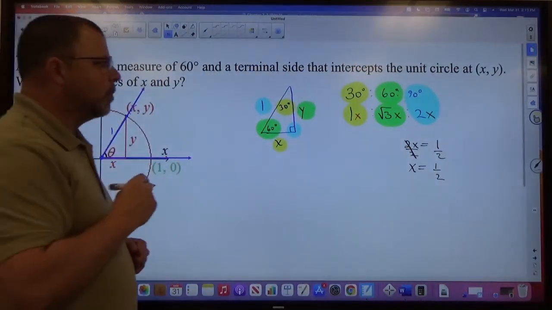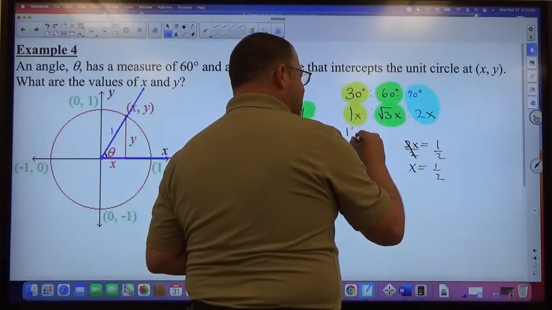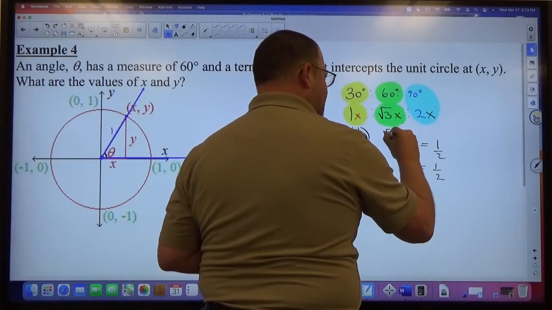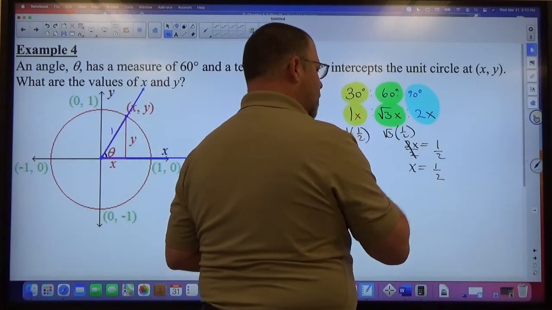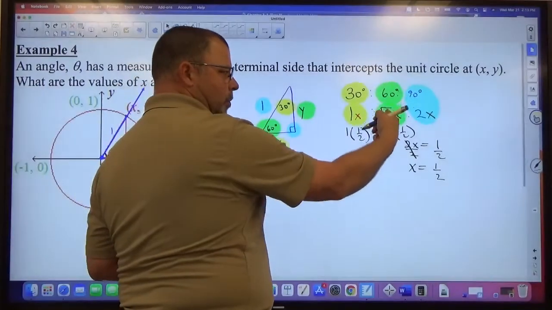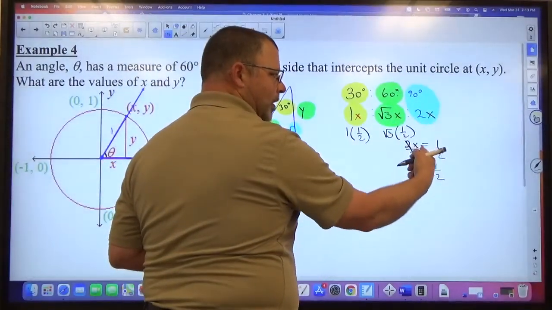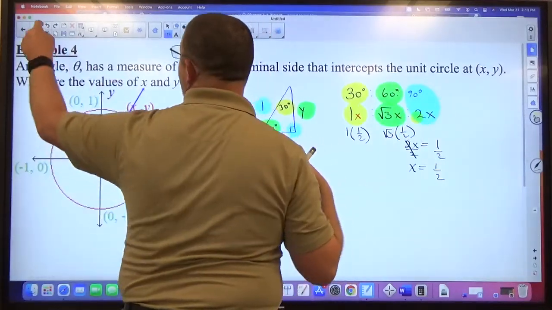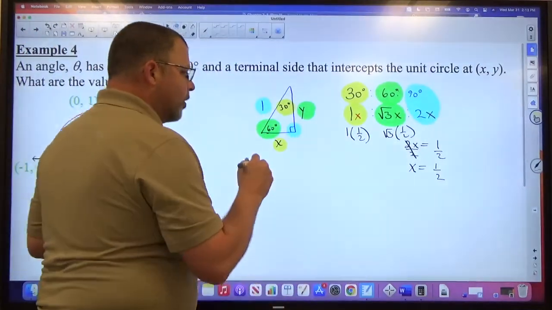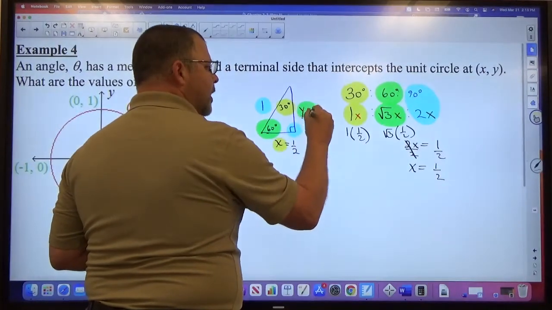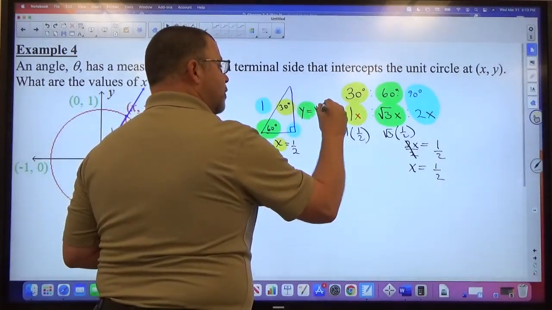Once you know what x equals, 1 times x and the square root of 3 times x will give me these two sides here. 1x, square root of 3x, 2x. 2x equals 1, x equals a half. 1/2 times 2 makes 1, right? There's my three sides. So this side equals 1/2 times 1, which is 1/2. This side equals the square root of 3 times 1/2, which is the square root of 3 over 2.